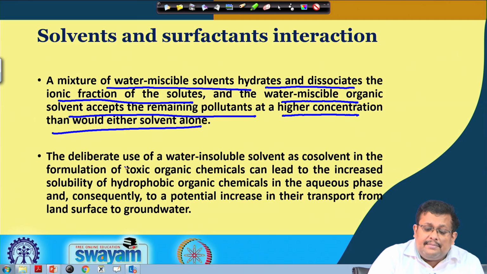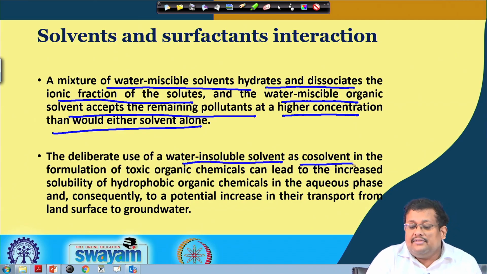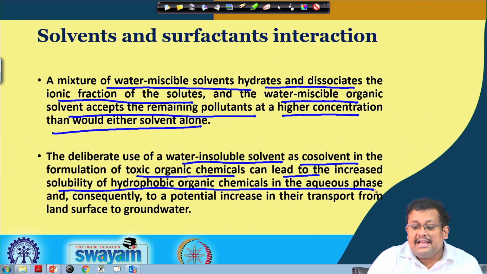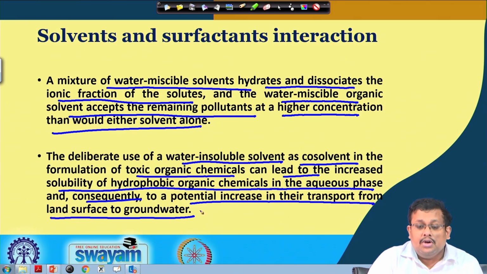Now, the deliberate use of a water insoluble solvent as a co-solvent in the formulation of toxic organic chemicals can lead to increased solubility of hydrophobic organic chemicals in the aqueous phase, and consequently to a potential increase in their transport from the land surface to groundwater.